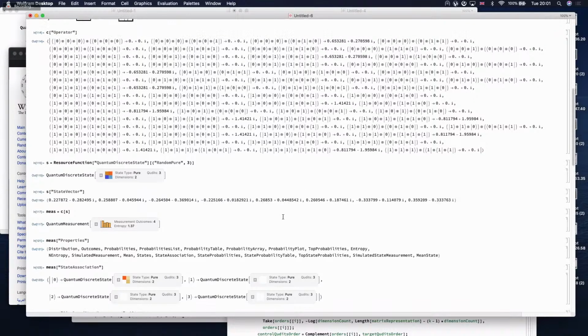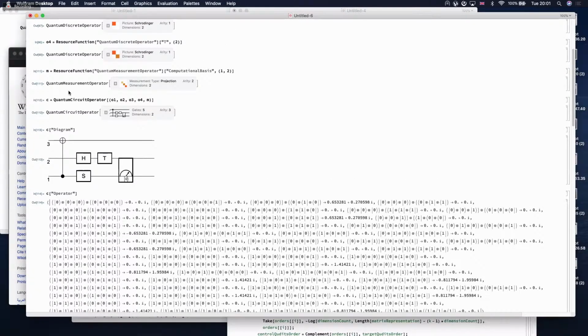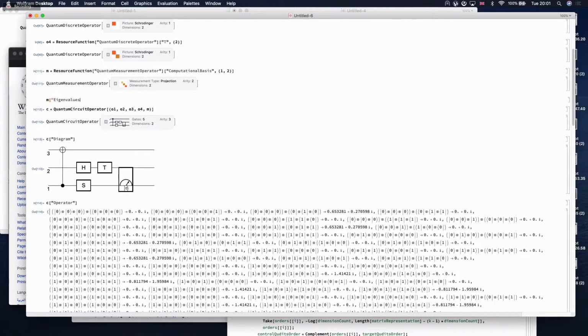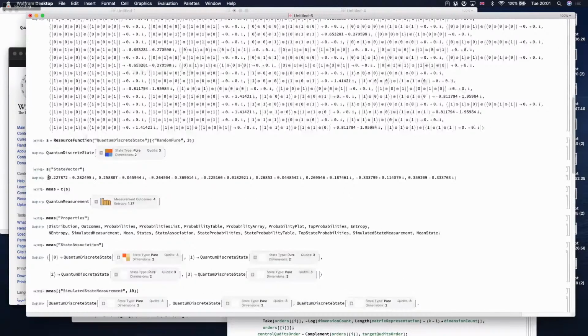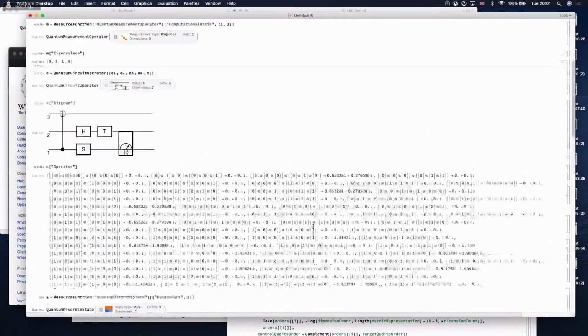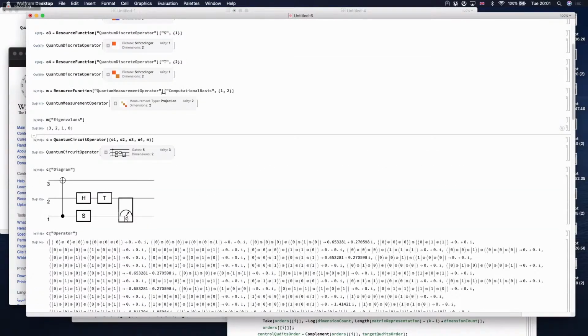Eigenvalues of the measurement operator. So in this particular case, m, our measurement operator, happens to have 4 eigenvalues that are 0, 1, 2, 3, and so those are the ket. Wait, where did the 0, 1, 2, 3 come from? What do you mean? Those are the defaultly chosen eigenvalues of our measurement. We could make them different if we wanted to. By default it would be 0, 1, 2, 3 because it's a 2-qubit measurement. But we can make them purely abstract. We could have x, y, z, w if we wanted.